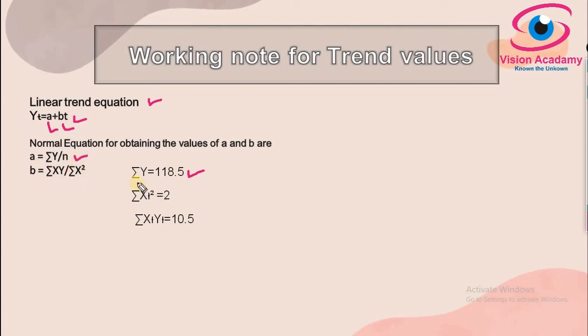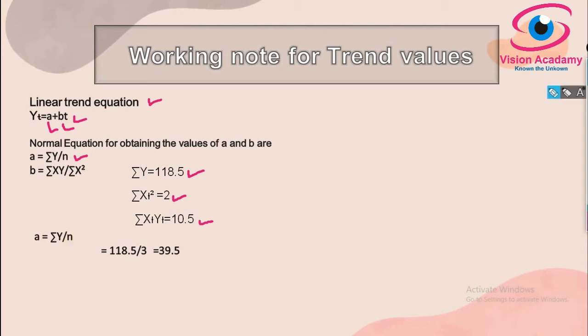Summation XY and X square we added in the last column of the last slide. Now we can apply the formula to find the normal equations of a and b. For a, summation Y by n, where n in this case is 3 years.